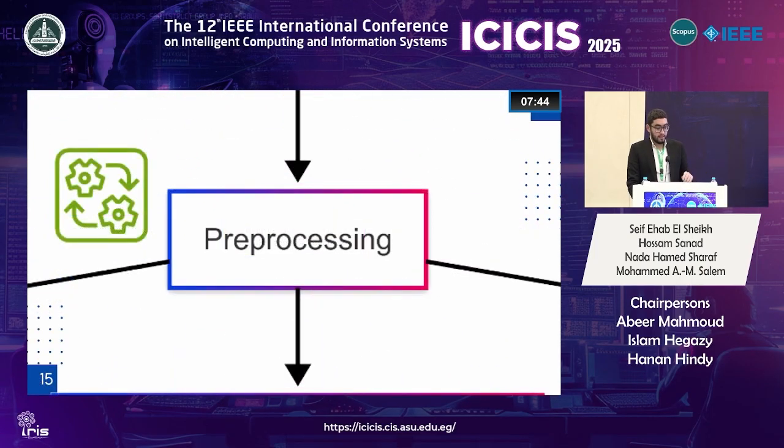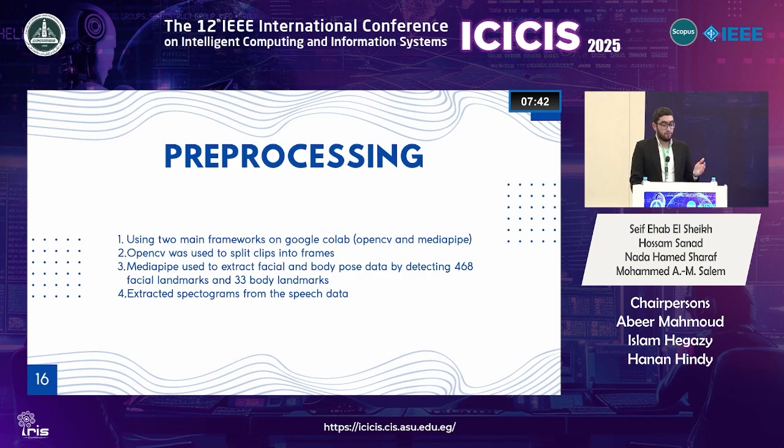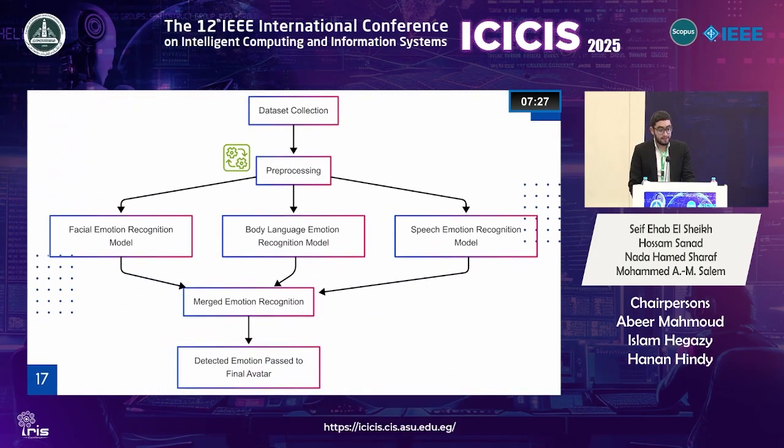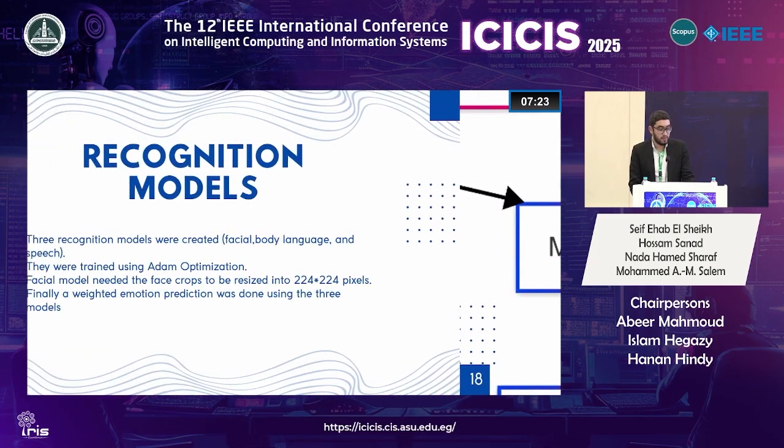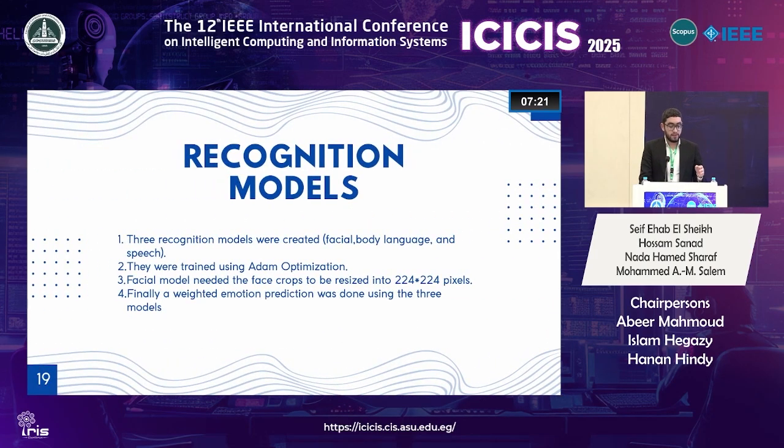In pre-processing, we used two main frameworks, OpenCV and MediaPipe. OpenCV was used to split clips into frames. MediaPipe was used to extract 468 facial landmarks and 33 body landmarks, and then we also extracted spectrograms from the speech data. This data was then used to build 3 emotion recognition models, which are facial, body language, and speech.